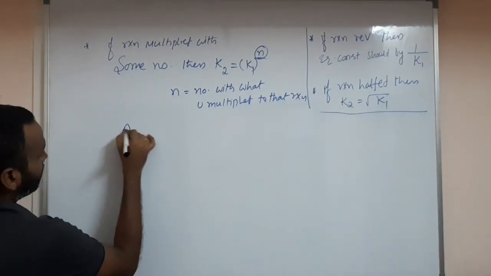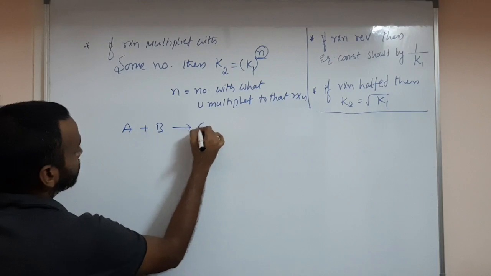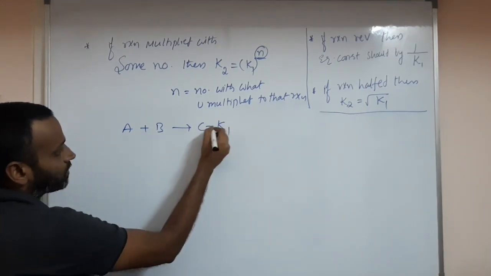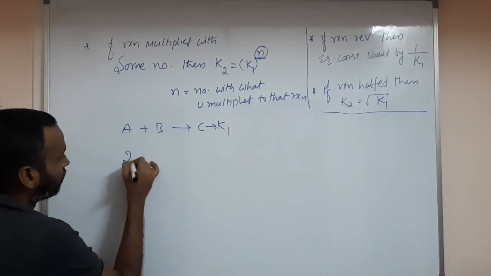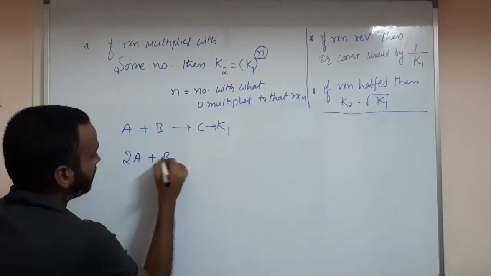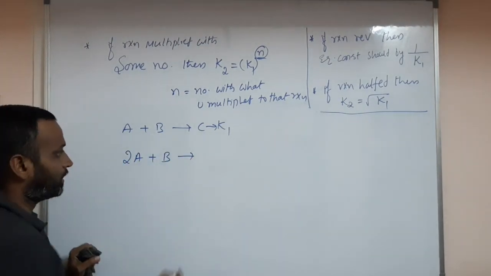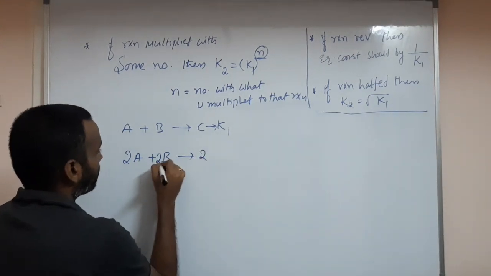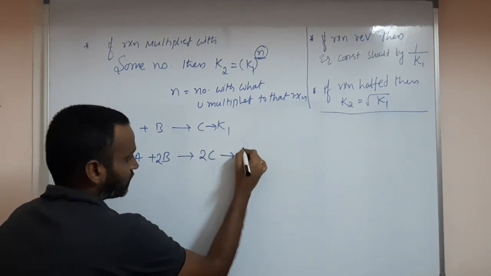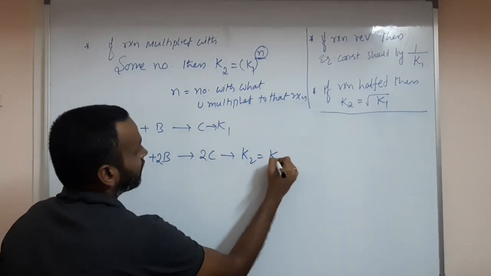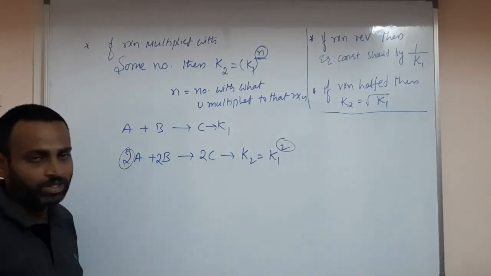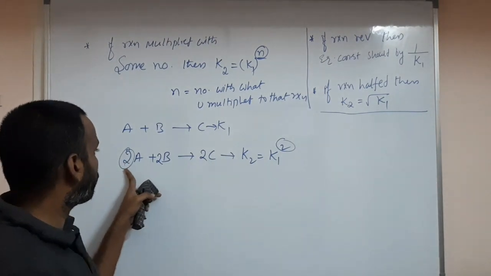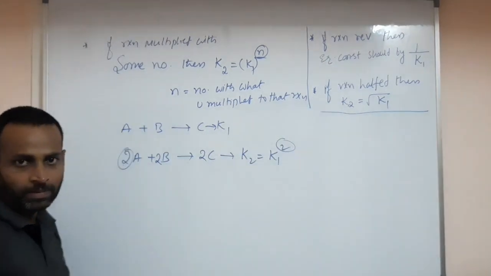As I said previously, A plus B gives rise to C. This is K1, the equilibrium constant for this reaction. Now 2A plus 2B gives 2C. For this, what is K2? K1 squared. You multiplied it with 2, and that 2 you have here as the power. If you multiply it with 4, K1 power 4, like that.